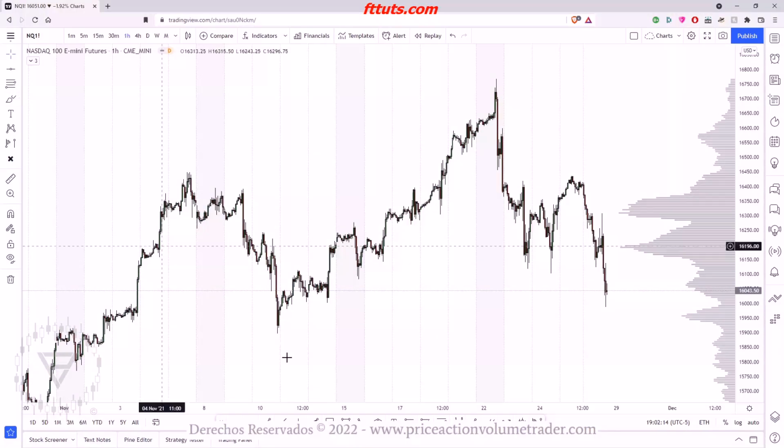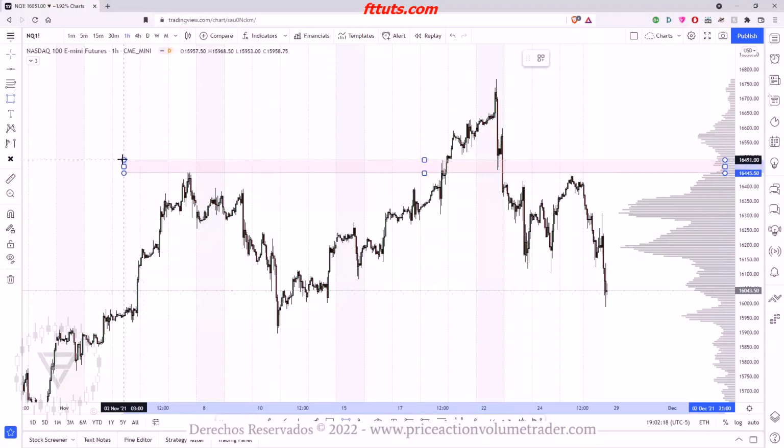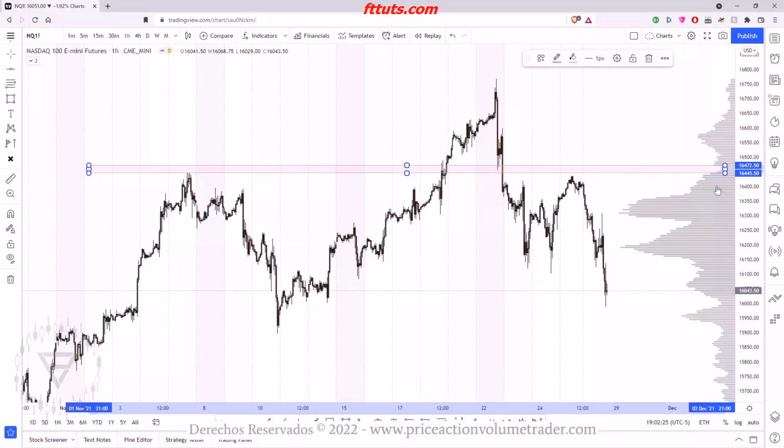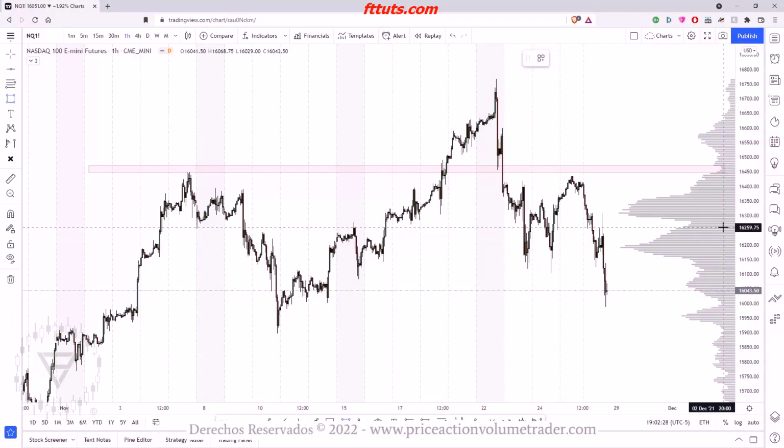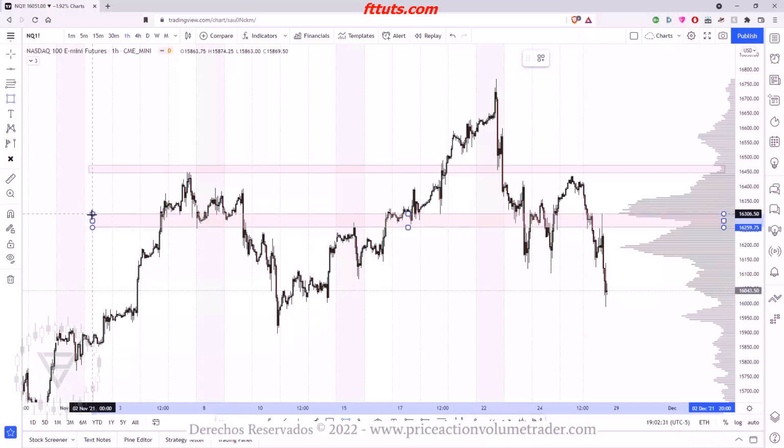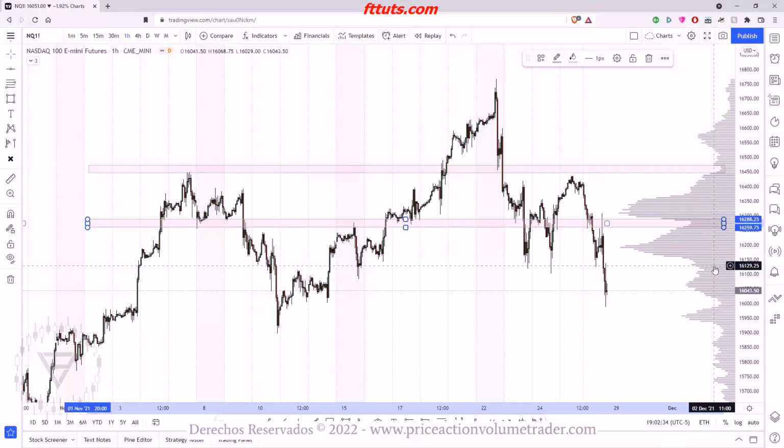We can even, let's put a rectangle here, and you can just mark off on your chart the areas where we have cuts in those profiles.